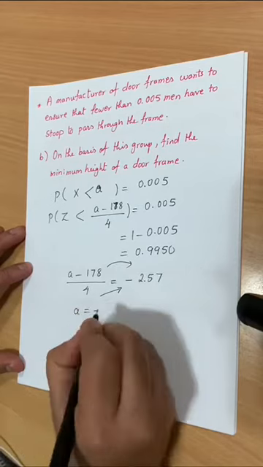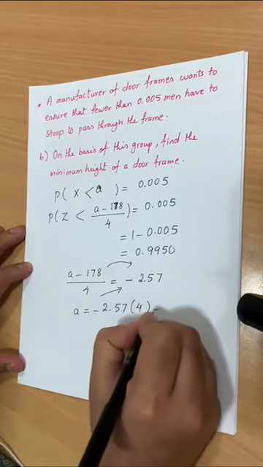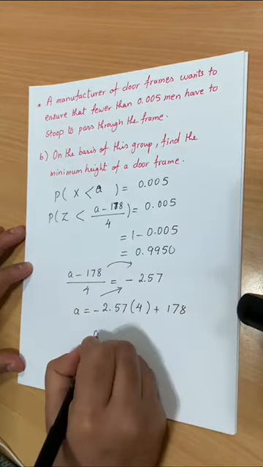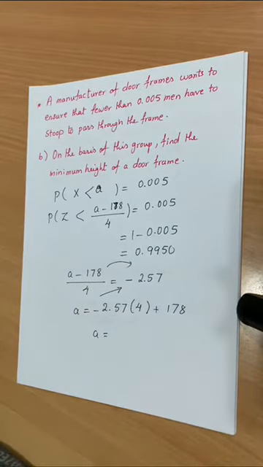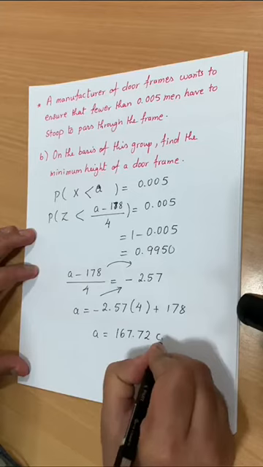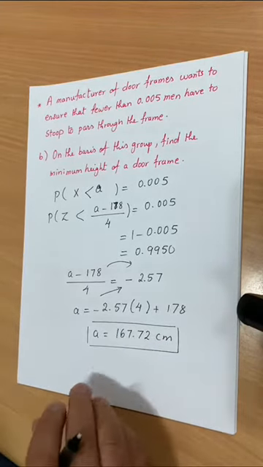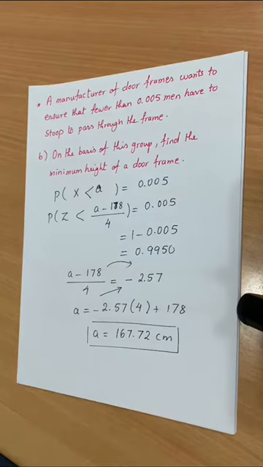So a is equal to negative 2.57 times 4 plus 178. Then the answer is 167.72 centimeters. So this is the minimum height of the door frame.